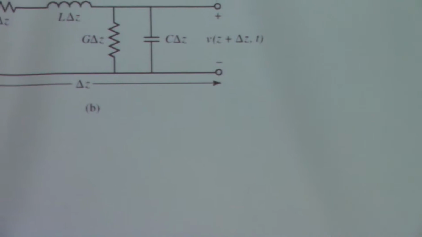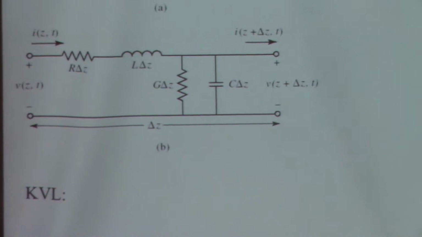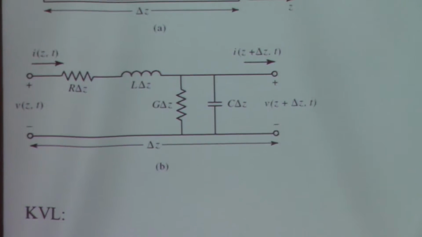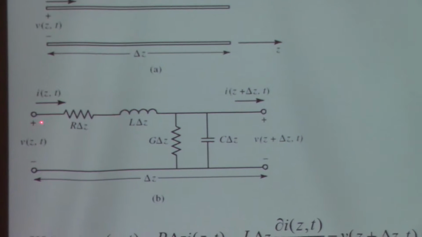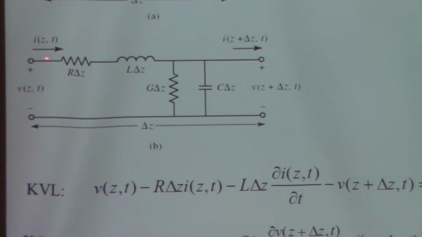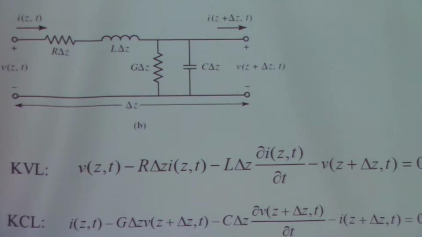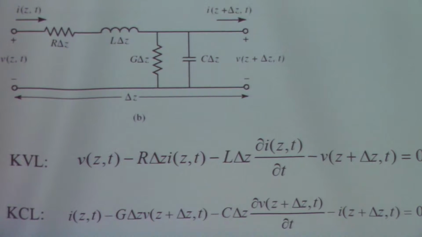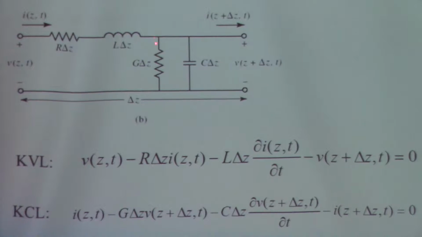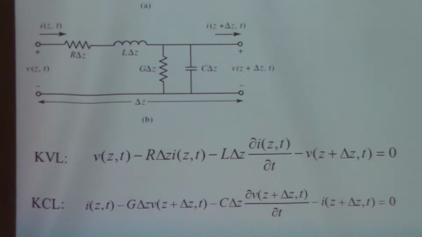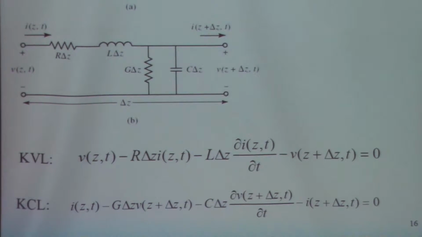Then you can use KVL and KCL, Kirchhoff's voltage law and current law. The voltage law says what? If you walk along a closed loop, your total voltage up and down would be zero, right? Add together. That's simple. KCL means at any node, your current in should equal the current out.